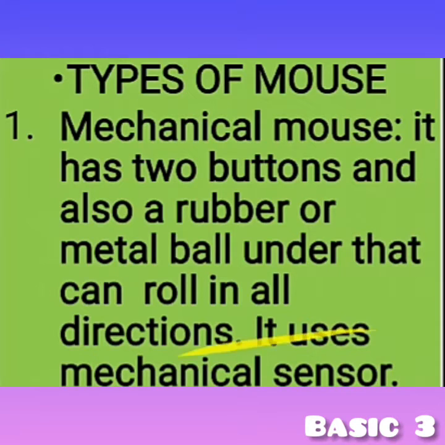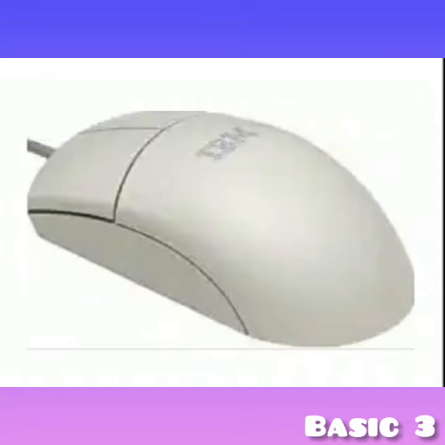Now let's look at this picture. This is a mechanical mouse and it has two buttons, the left button and the right button. The left button is the primary button, while the right button is the secondary button. When you look under it, you see a ball there.